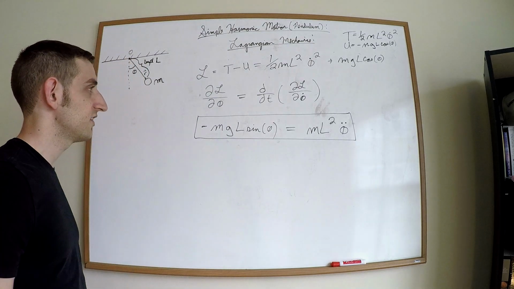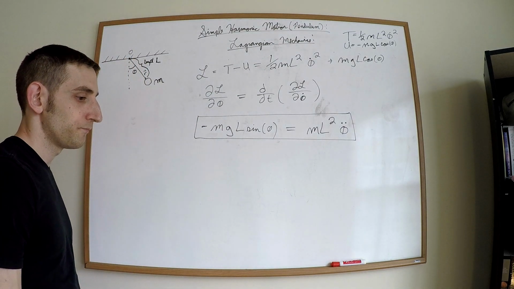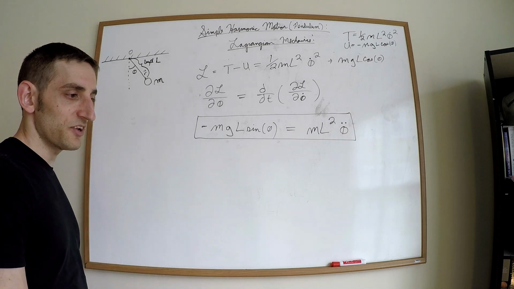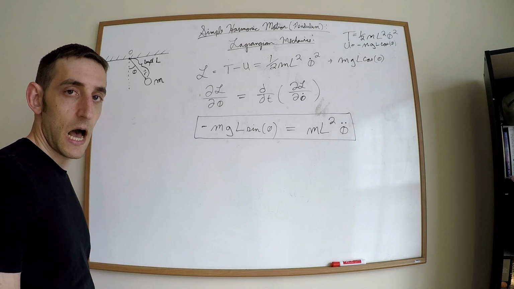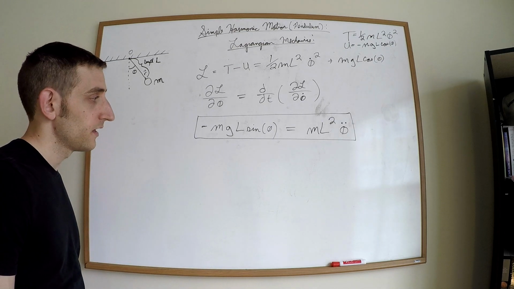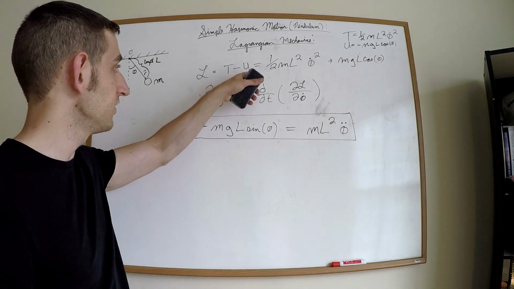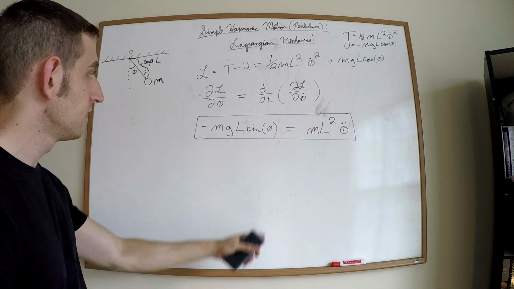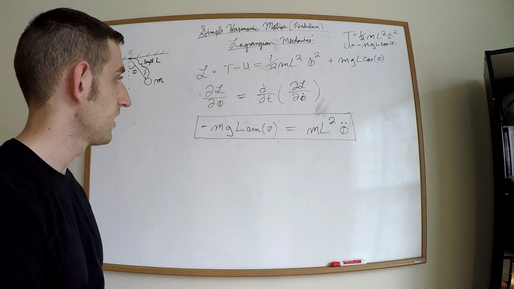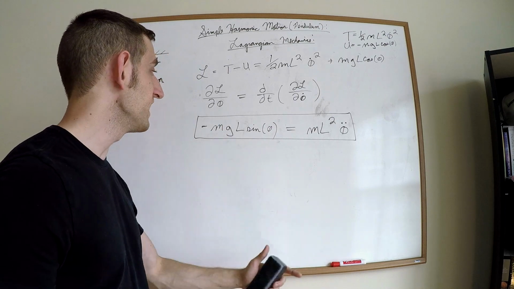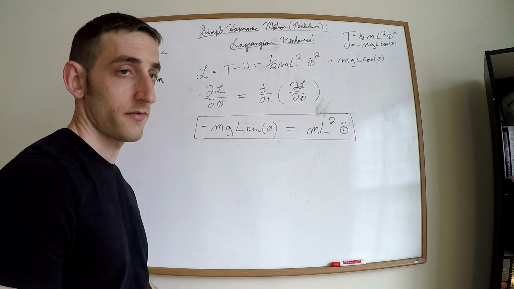We didn't have to consider any geometry, any complicated trigonometry. All we did was, we got T, we got U, we plugged it into the Lagrangian, we got our Lagrange's equation. We got the result that we are familiar with.